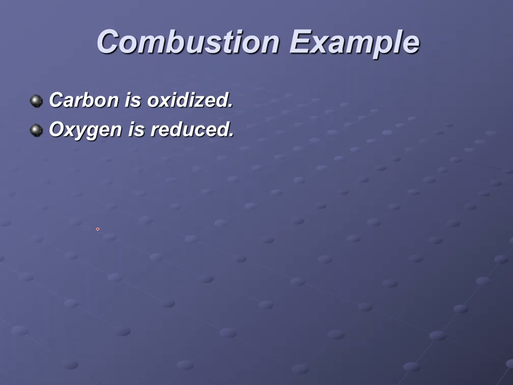Okay, so in that case, we talked about carbon being the thing that was oxidized. Its oxidation state increased, the oxygen was reduced, its oxidation state went down, and nothing happened to the hydrogen. The hydrogen just didn't have any change take place. Now, when we identify what species is oxidized and reduced, notice up here it says the carbon is oxidized and the oxygen is reduced.